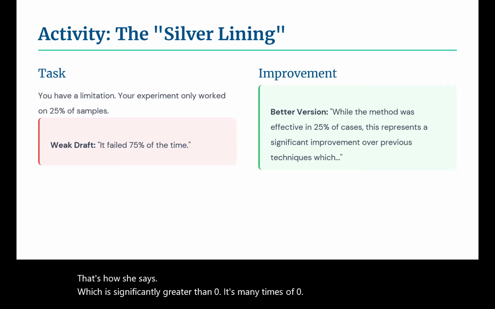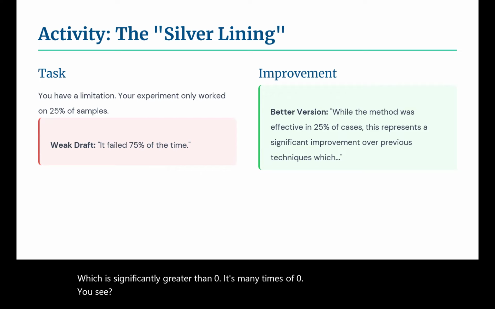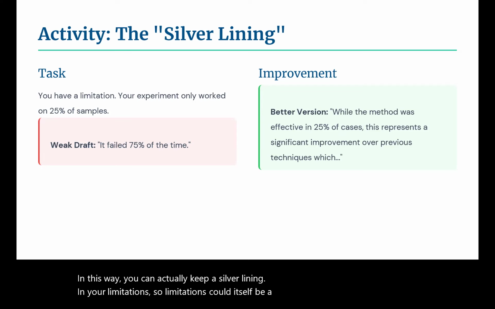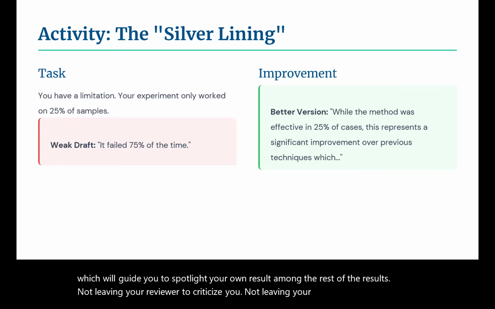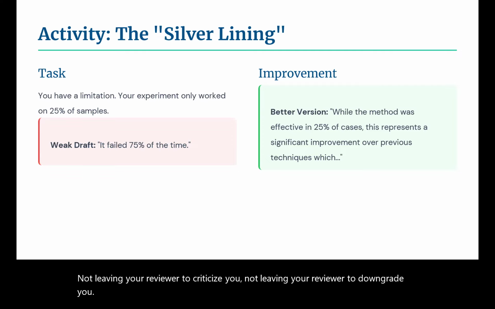You see, in this way, you can actually keep a silver lining in your limitations. So limitations could itself be a silver line appearing in a dark cloud, which will guide you to spotlight your own result among the rest of the results, not leaving your reviewer to criticize you, not leaving your reviewer to downgrade you, but leaving even the reviewer to think twice.